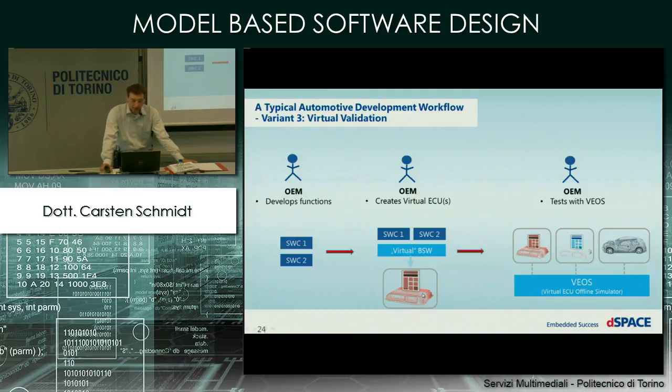And then you plug in this virtual ECU here, and then of course you also have to plug in your environment model here, and you can also plug in other electronic control units, and then you can do a simulation purely on the software level. And that is the key idea of virtual validation.